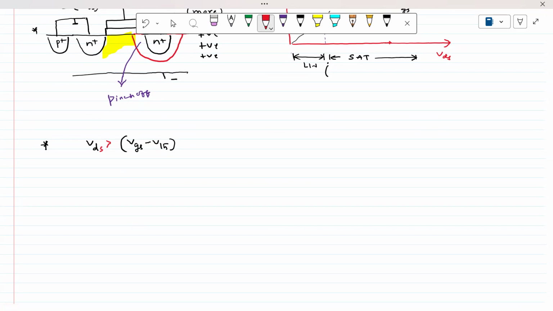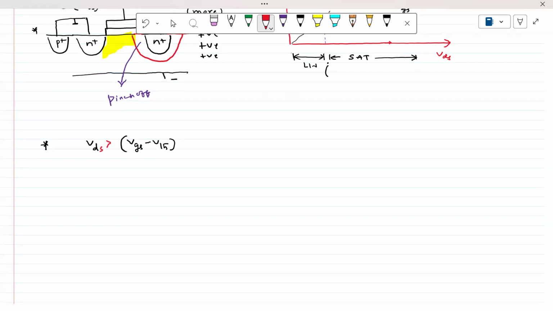What it makes actually is that near the drain, the channel will be depleted. That means there is no channel at all. That means the voltage at that point is actually less than the threshold voltage near the drain.